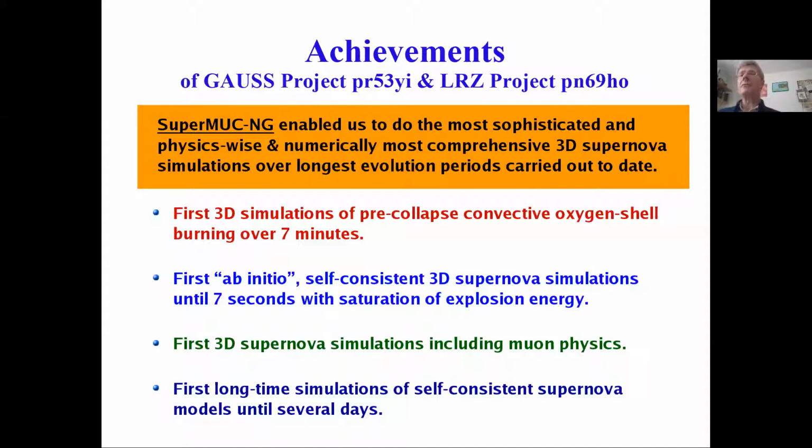We have the first ab initio self-consistent 3D supernova simulations until 7 seconds with the achievement of a saturated explosion energy. We have done the first 3D supernova simulations including muon physics, and we have the first long-time simulations of self-consistent supernova models until several days.